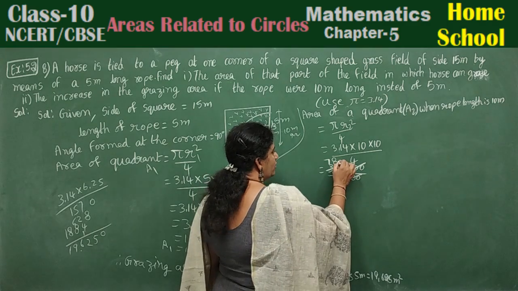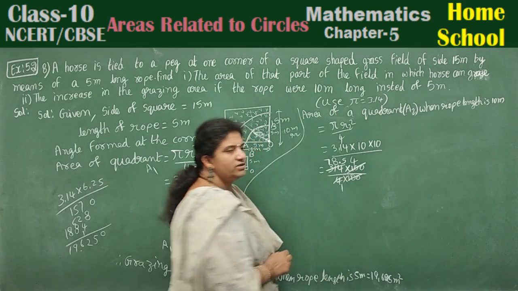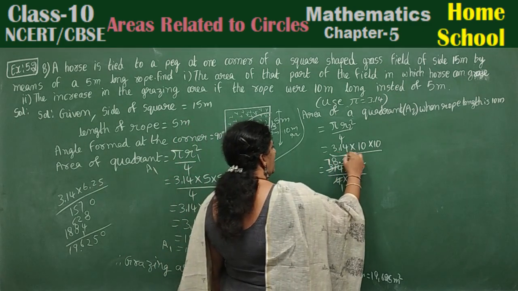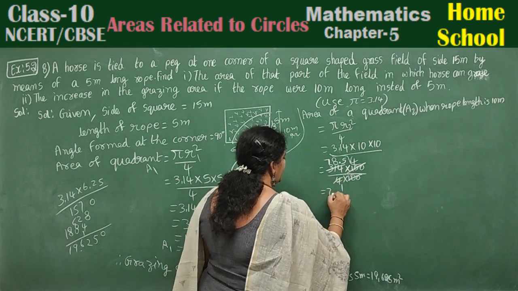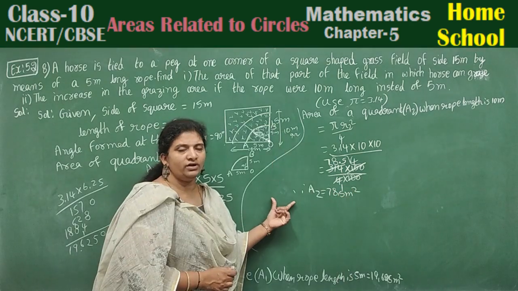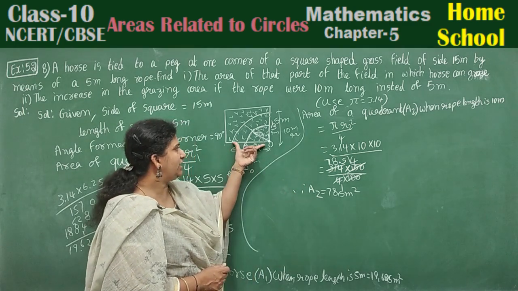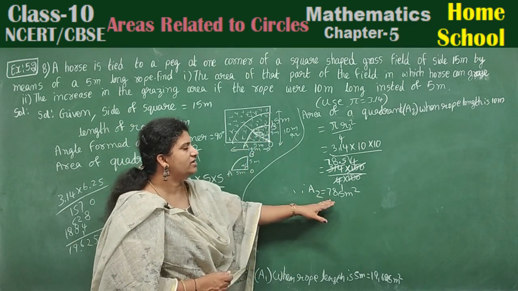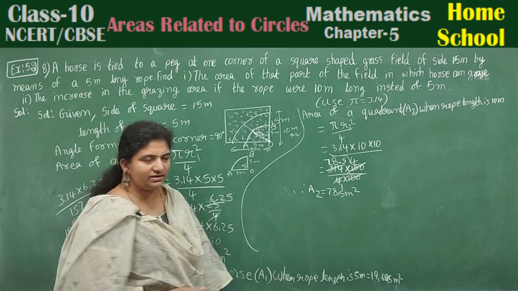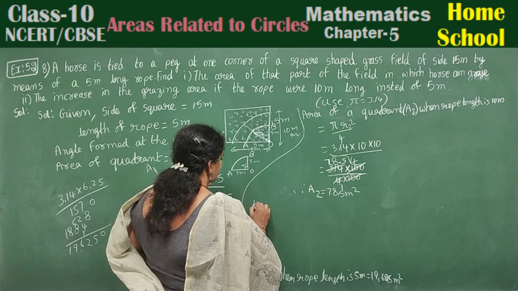Again 2 left. Put a decimal point. 20. 4 fives are 20. And you are left with 78.5 meters square. Therefore, the grazing area of the horse when the rope length is 10 meters is 78.5 meters square. And now you need to find the answer for the second question.